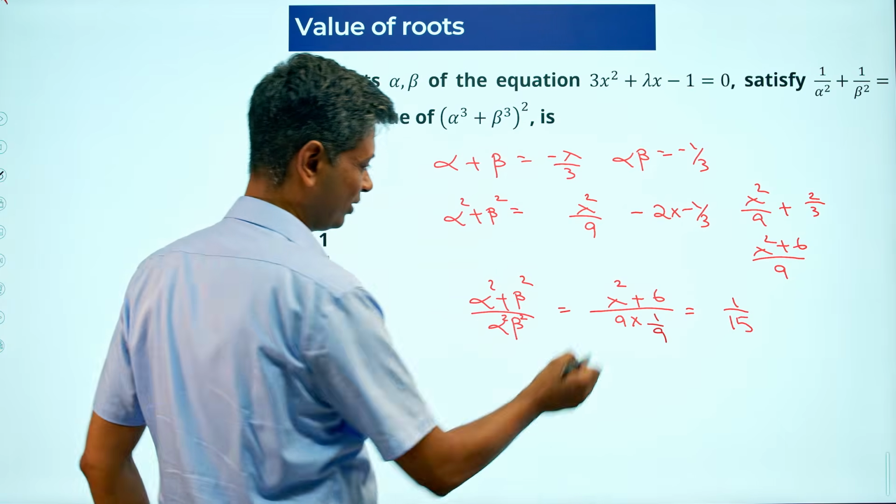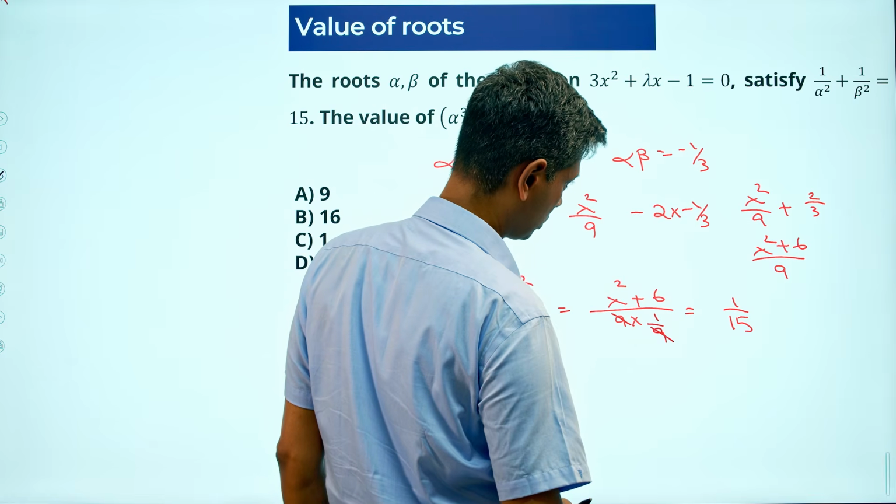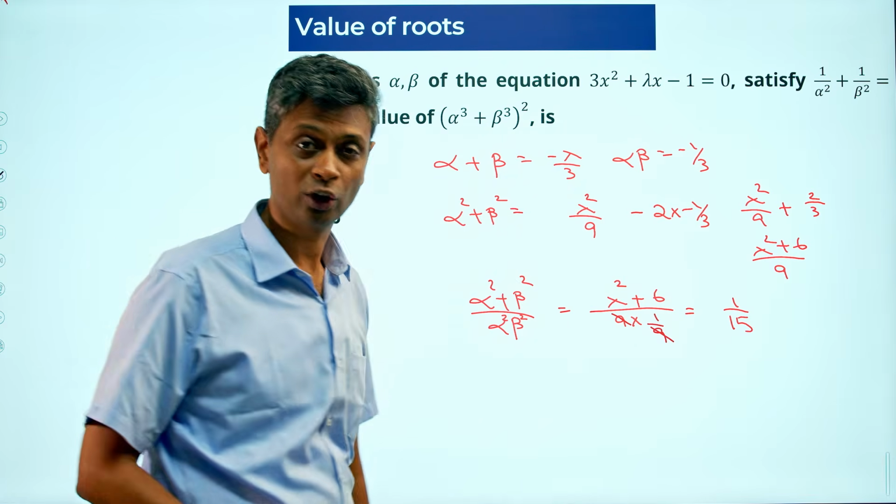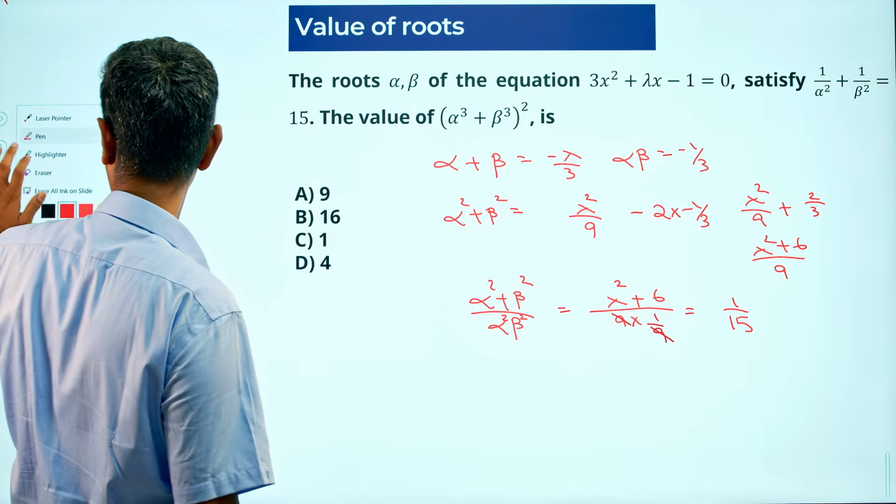This is equal to 15, not 1 by 15. I'm going to do this whole question all over again.